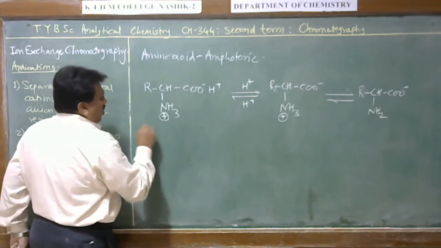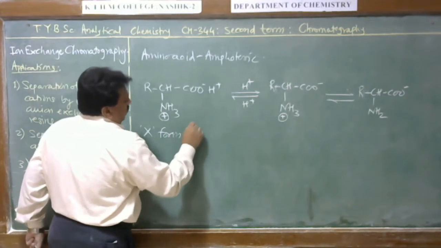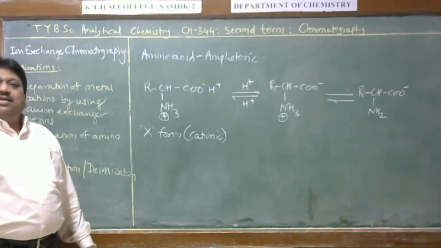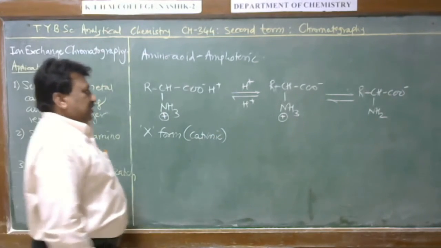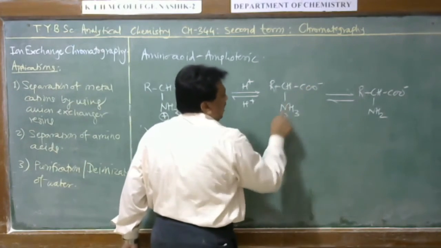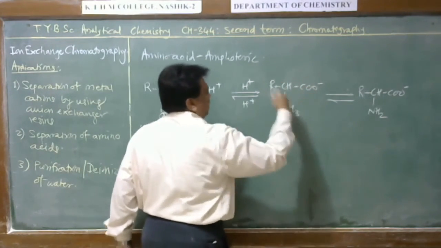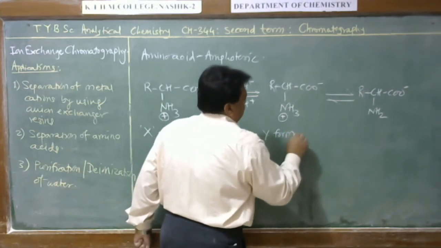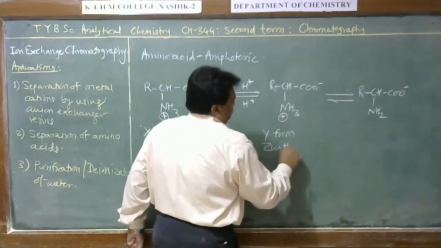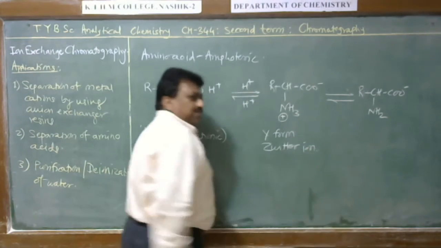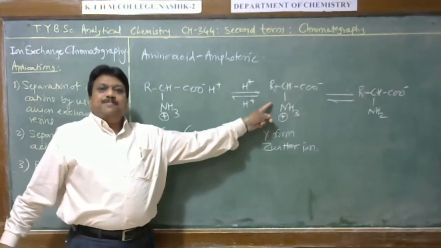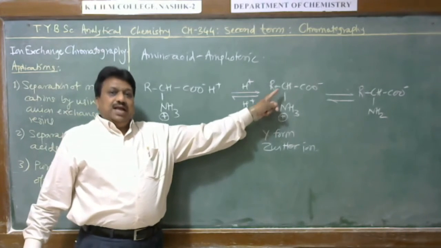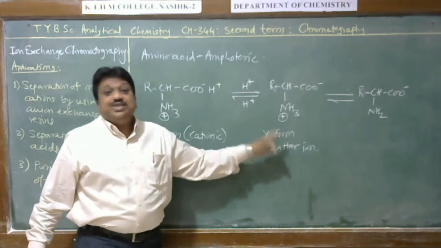The first form of the amino acid has an extra H+, that is, an extra plus 1 charge. This form is called the X form, which is a cationic form. The next ion has no extra charge; the total charge on this molecule is 0. This is called the Y form, or Zwitter ion form, a form where the net positive and negative charge on the molecule is 0.